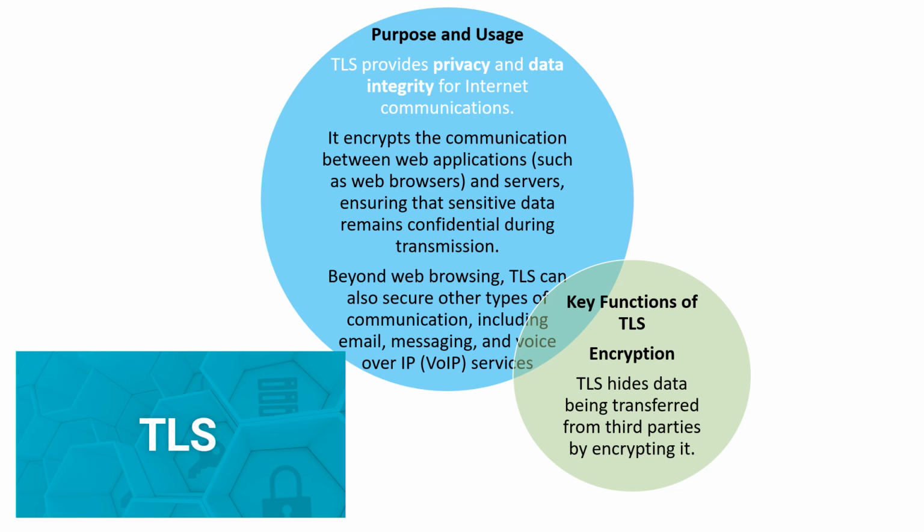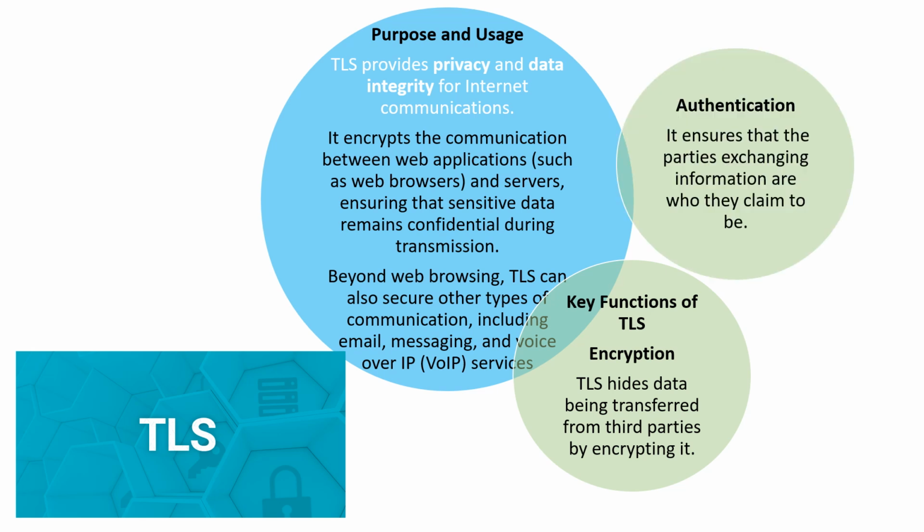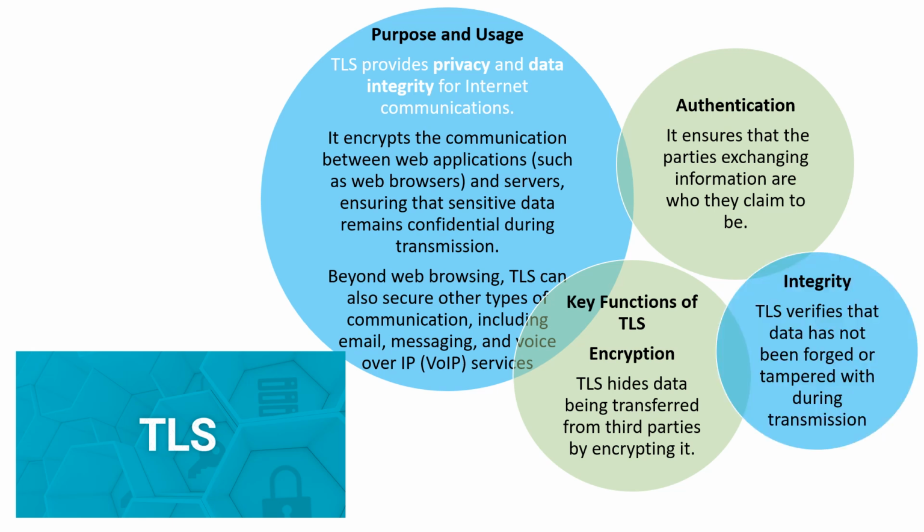The key functions are encryption, that is, TLS hides data being transferred from third parties by encrypting it. It also provides authentication, that is, it ensures that the parties exchanging information are who they claim to be. And it also ensures integrity, that is, it verifies that data has not been forged or tampered with during the transmission. So these are the things done by the Transport Layer Security protocol.